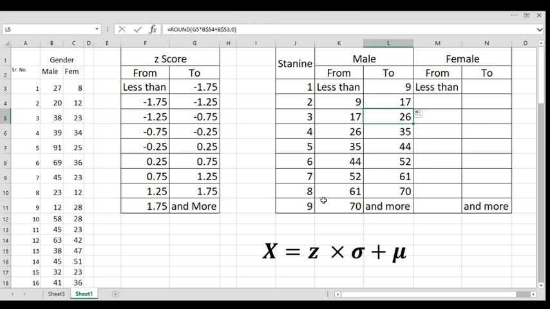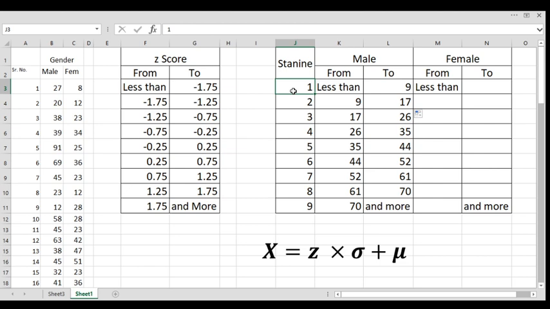In this way, if the score of the male is 70 or more, it will be assigned stanine 9. In this way, the entire data, the entire raw scores of male, are converted into 9 stanines, and these all are the ranges of the stanines of male.